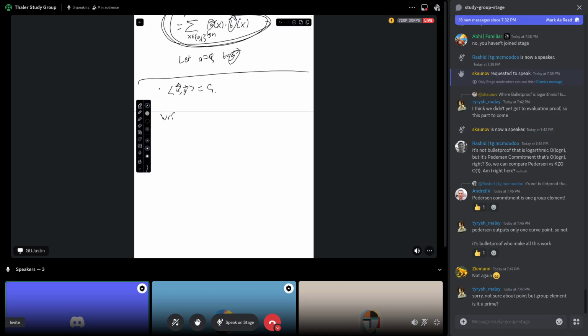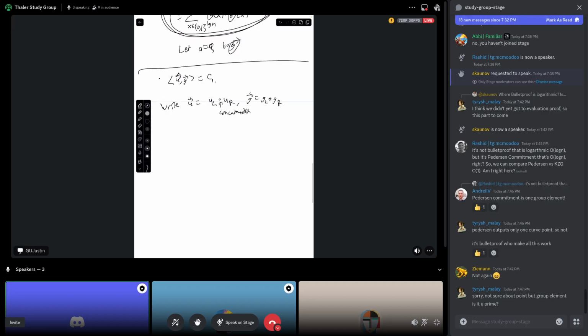So write U as the concatenation of its left half and its right half. So this is concatenation. And similarly write G as the concatenation of its left half and its right half. Okay. And if we lived in a perfect world, the following would hold.